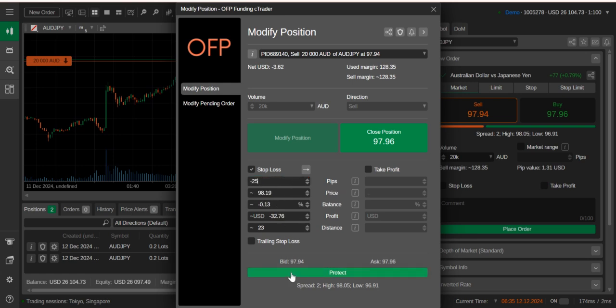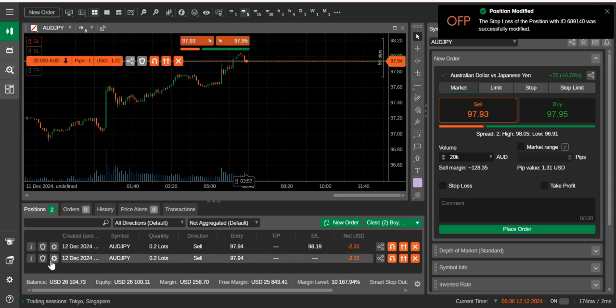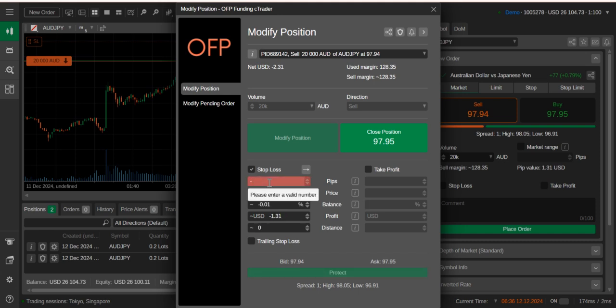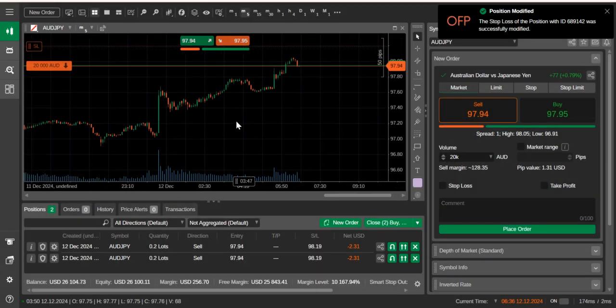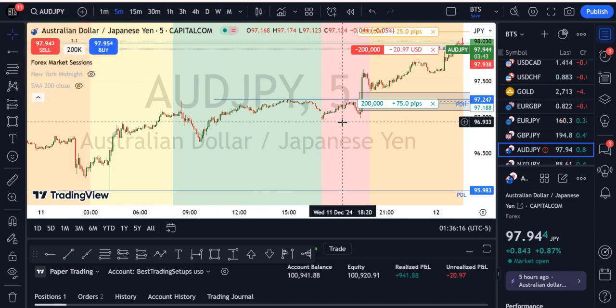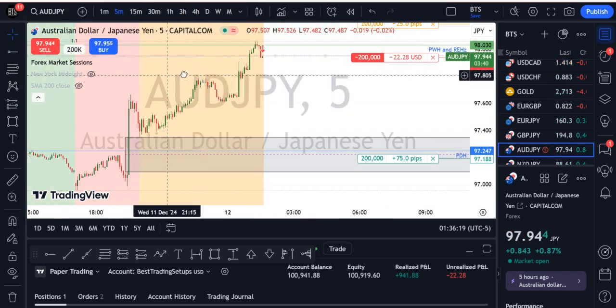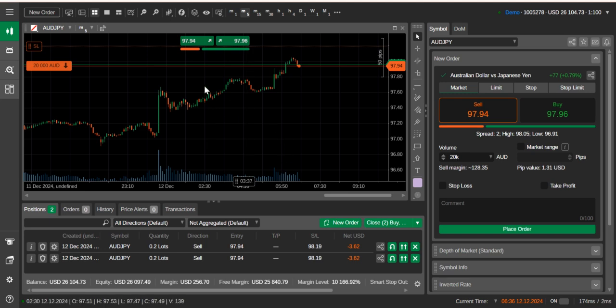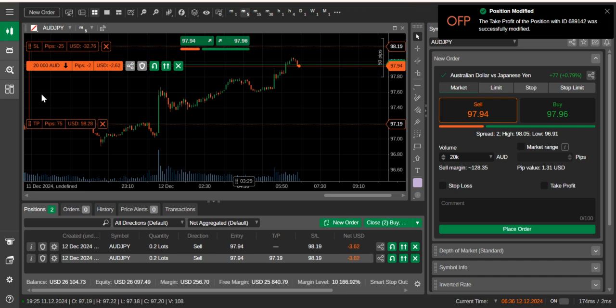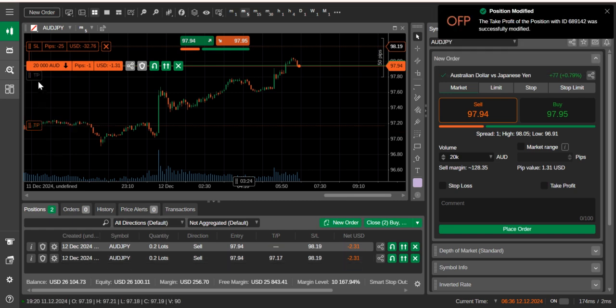So 25 pips stop loss. So yeah, we have the trade executed already. Let's put our TP right here, 75 pips. Let's just say we make $100 from this trade.